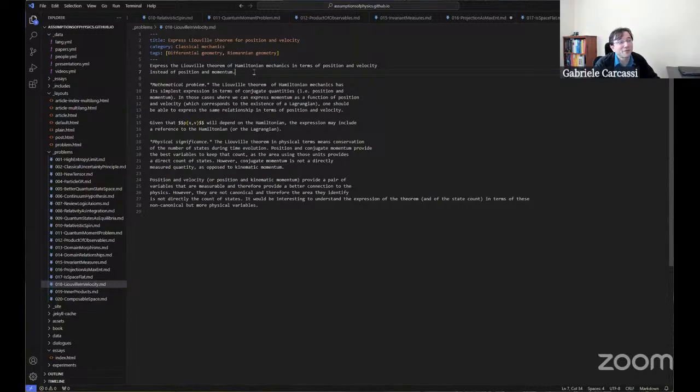You're just using different coordinates. And in the canonical coordinates, the symplectic form has the nice form of dx times dp. But if you express it in position and velocity, that thing is going to be more complicated. And so what exactly is that thing, and how can we reinterpret it in terms of position and velocity?